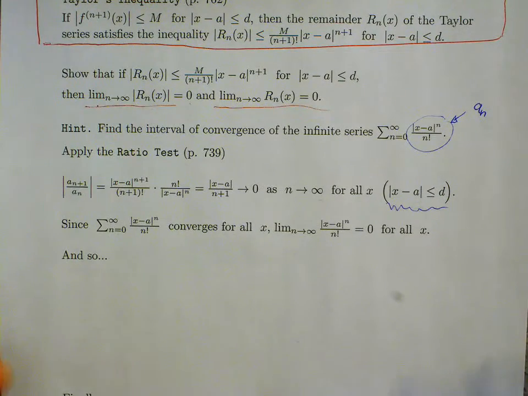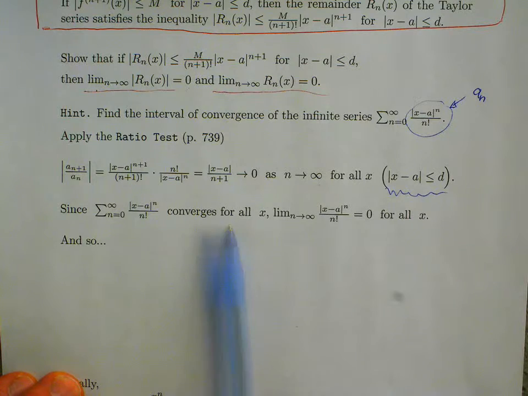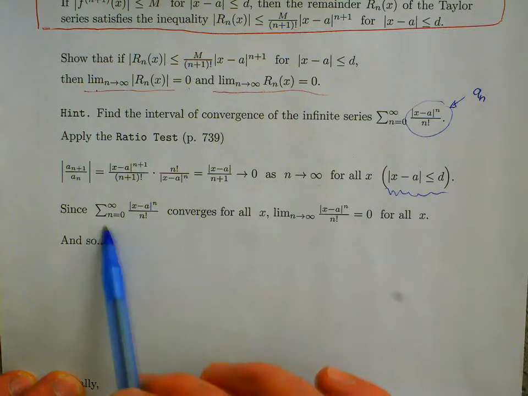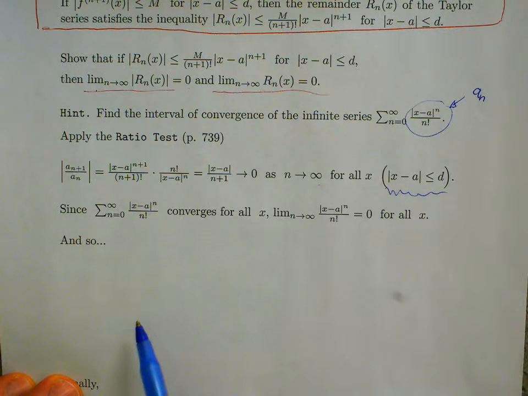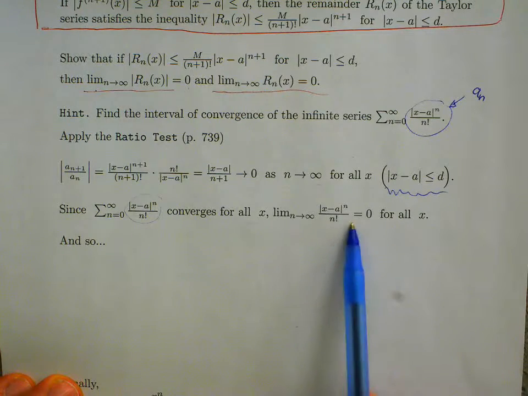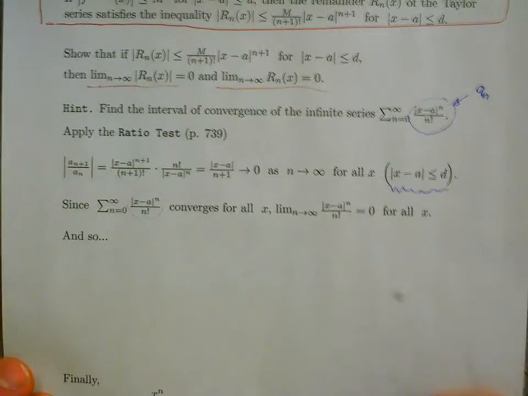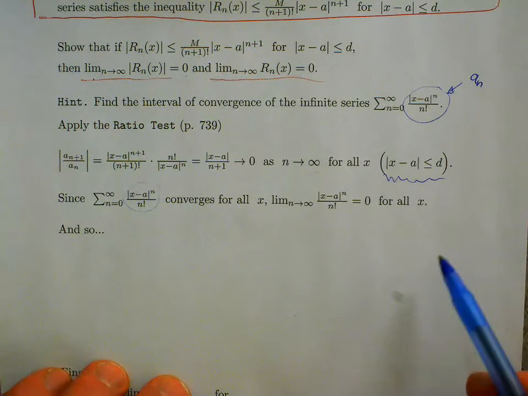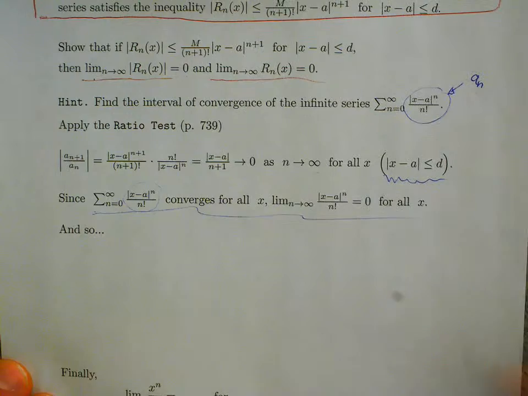Okay, so what we learned earlier in chapter 11, if a series converges, in this case, this series converges for all real numbers x, then the limit of the sequence is equal to 0. So this was one of our earlier theorems in chapter 11, if you remember.